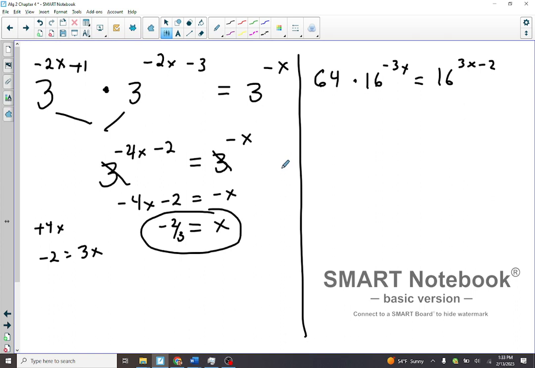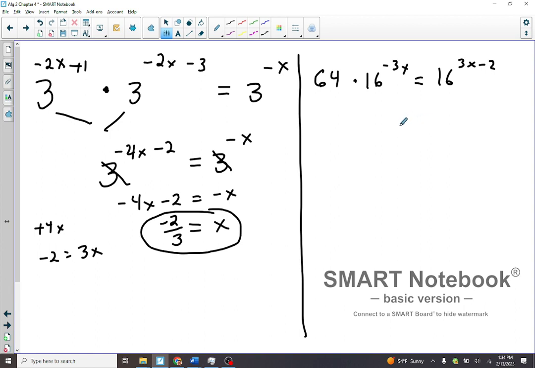Is that the answer for the problem? Negative 2 over 3. My fault. All right, next one. 64 times 16 to the negative 3x times 6 equals 16 to the 3x minus 2.